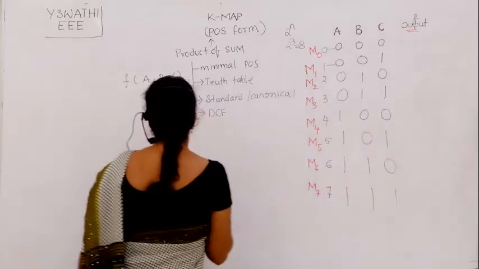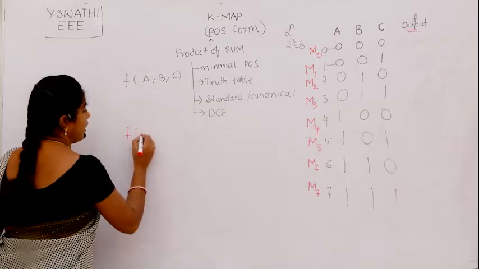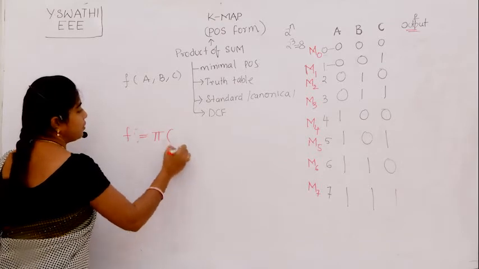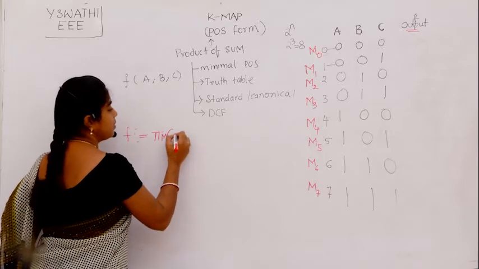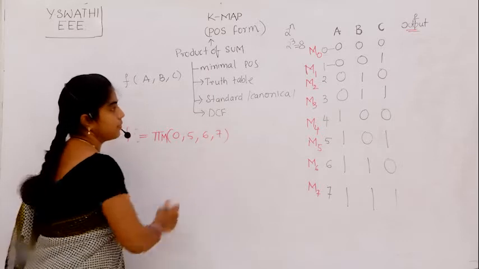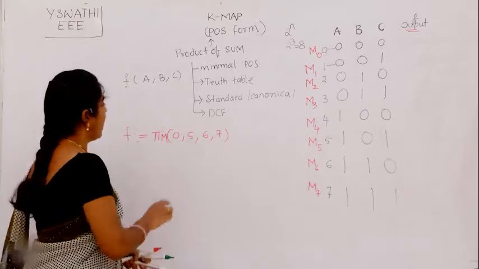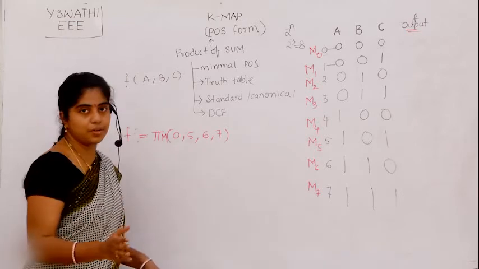Let's say my function f is the product of max terms 0 5 6 7. So how will I represent it? I will represent the output for these combinations as 0.